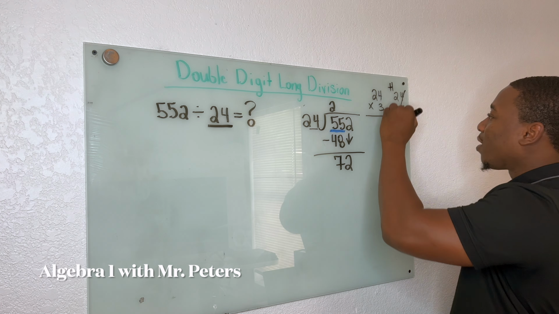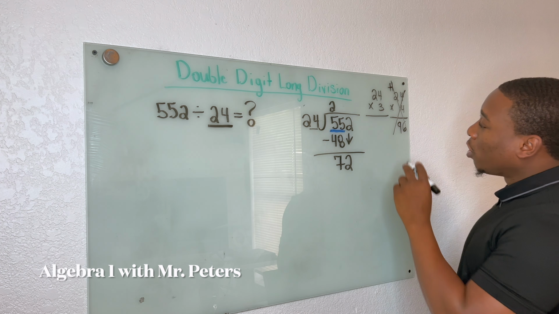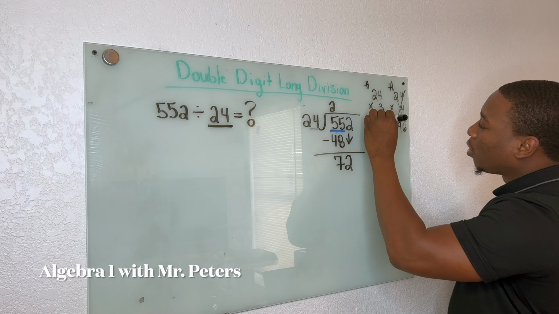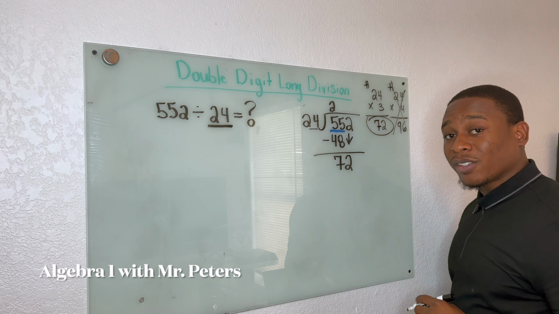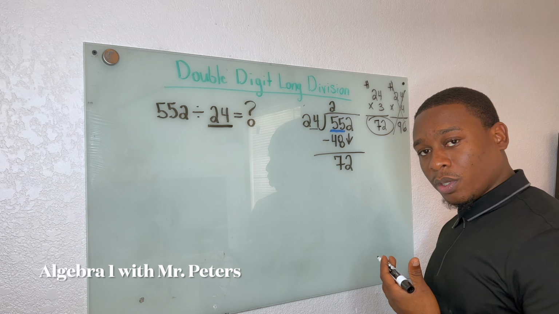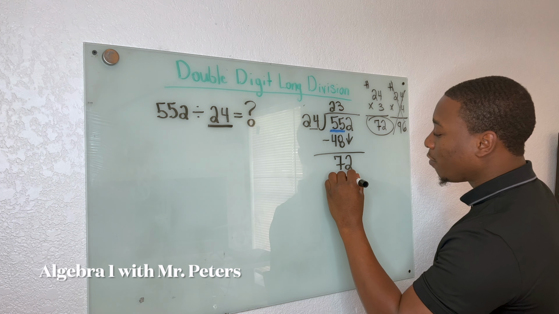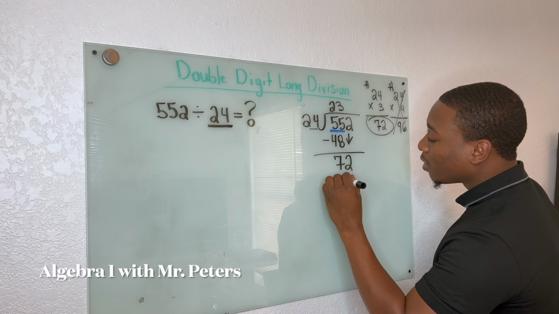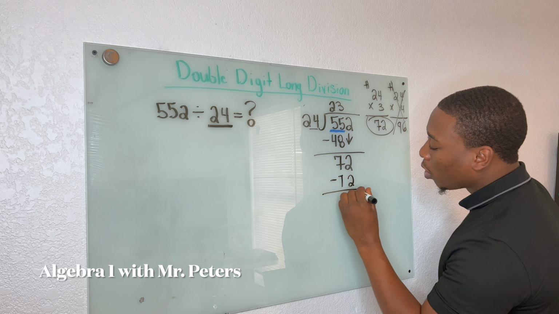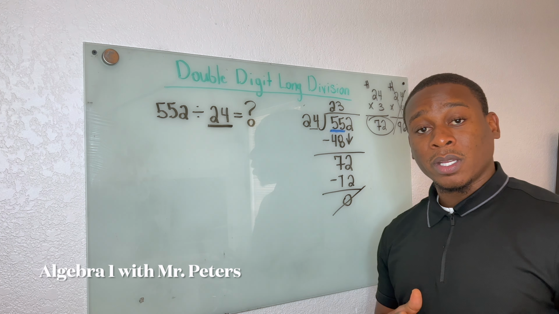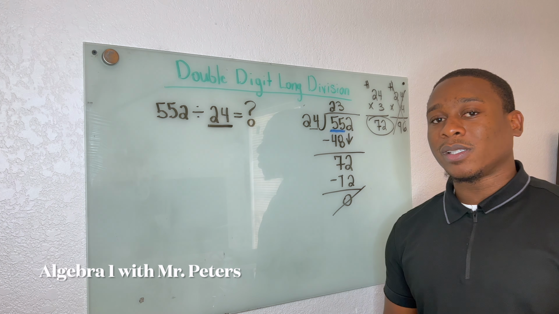So this is not going to work times 4. So we go to times 3, and we get an exact answer of 72. So I know 24 times 3 is going to give me 72, and once I subtract, there will not be any remainder. So this is what we're talking about in our lesson today, guys.